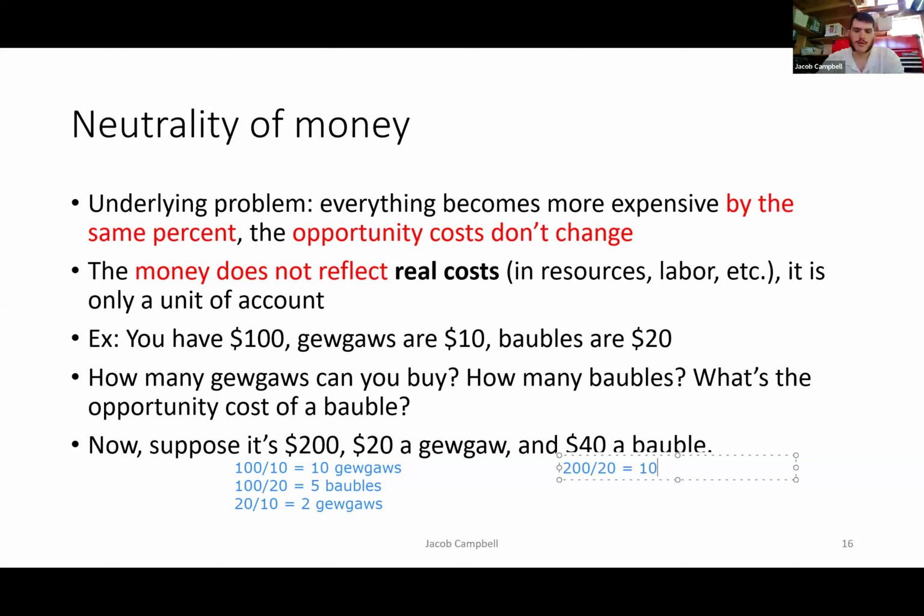Then you'd be able to afford 10 gewgaws or 5 baubles. And if you want to buy a bauble, you have to give up 2 gewgaws to get it. None of the real world trade-offs have changed just because the price level has changed.